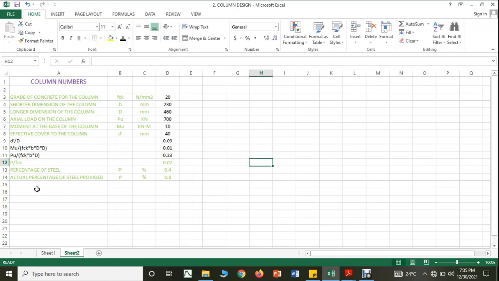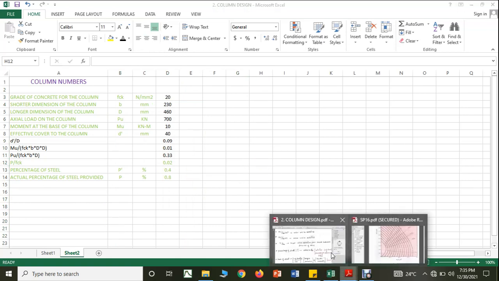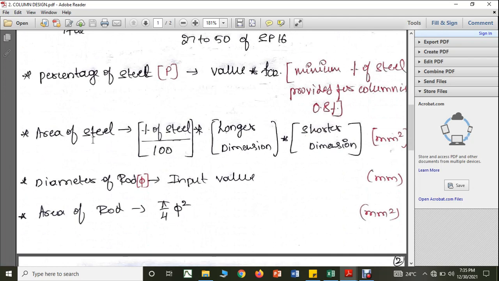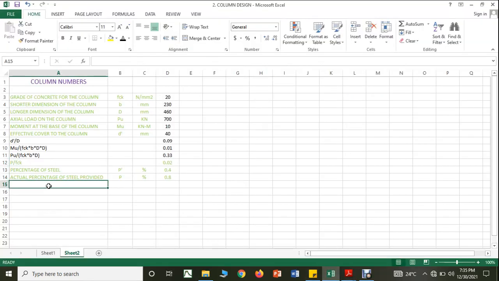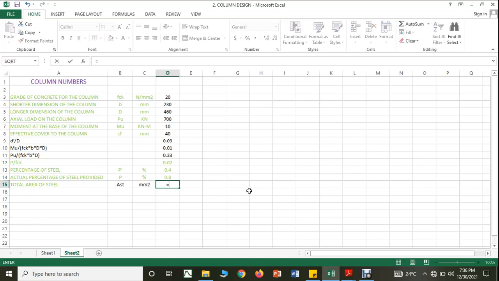Once you have the actual percentage of steel provided, the next step is to calculate the area of the steel, that is the percentage of steel by 100 into the longer dimension into the shorter dimension. So the total area of steel, I can write it as AST, which will be in mm square.